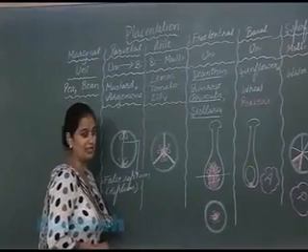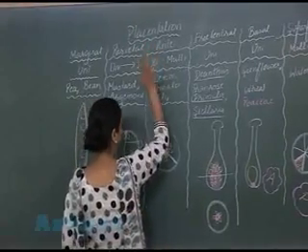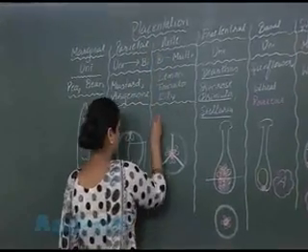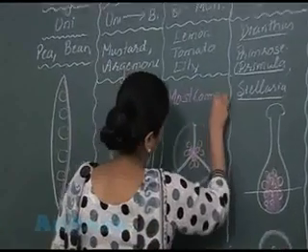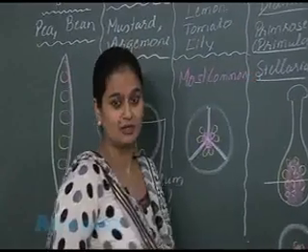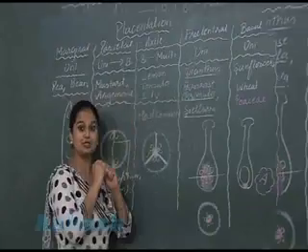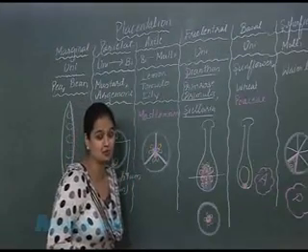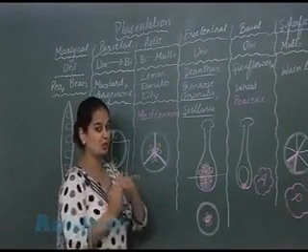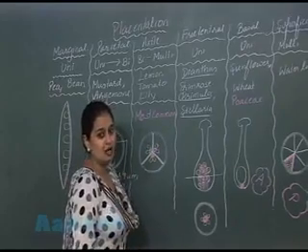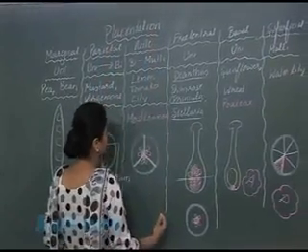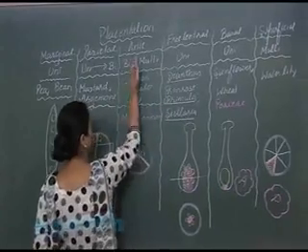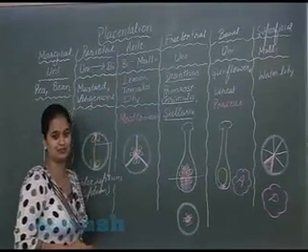Most commonly seen in the angiosperm, that is axile placentation. So this is very much clear. So the most primitive, that is the superficial, the most advanced, that is the basal, और जो सबसे ज़्यादा common है angiospermic families के अंदर, that is the axile placentation.